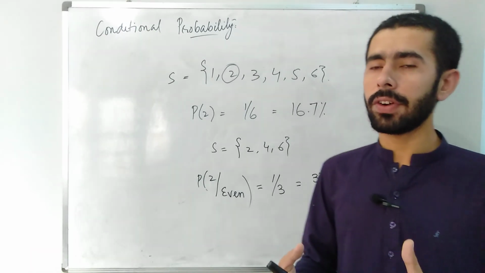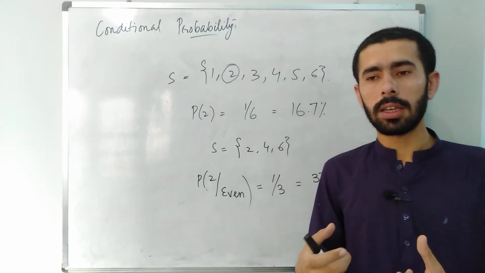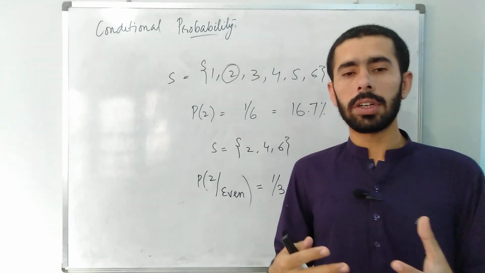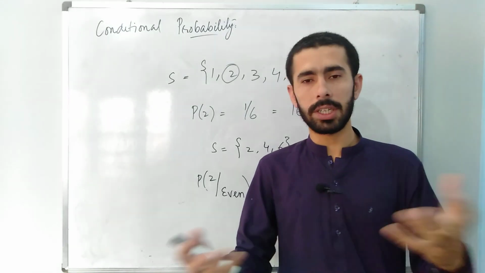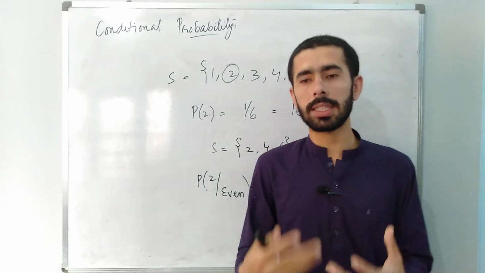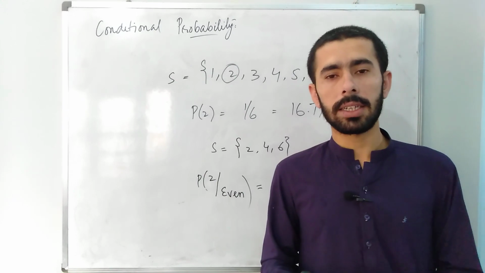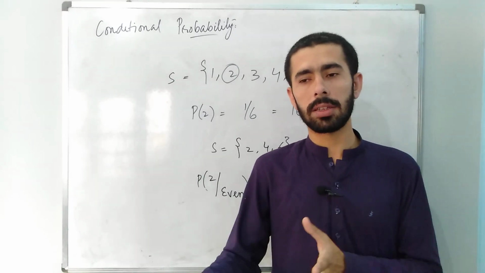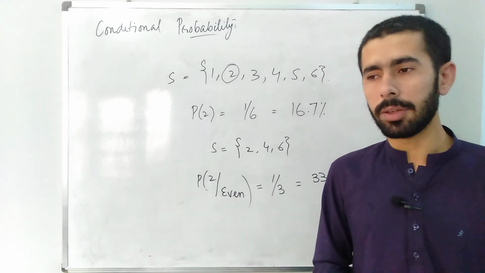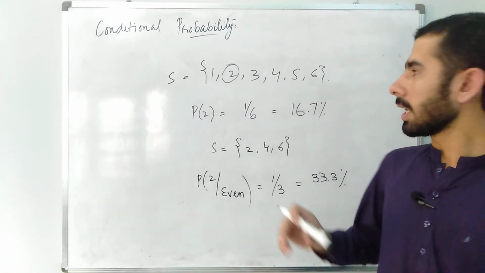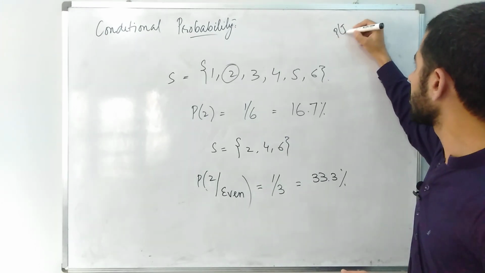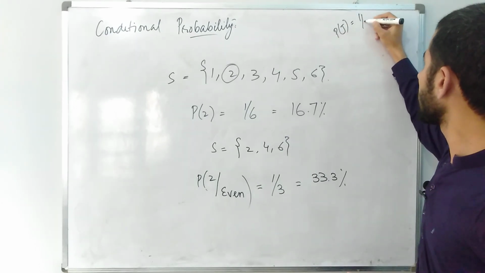Similarly, if I am talking about the birth month of some person, say for example, what is the probability that Ali was born in the month of January, definitely his probability of being born in January is 1/12.